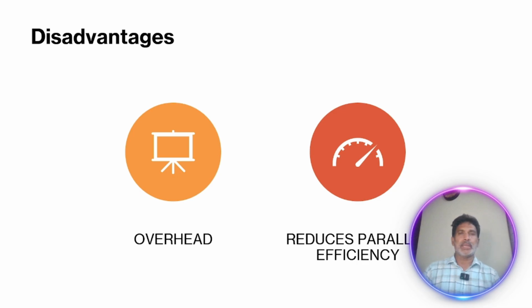Then contention and bottlenecks: when many threads try to access the same synchronized sections, that creates contention for the resources, and forms a bottleneck that slows down the entire system. And complexity in design: overusing synchronization makes programs harder to design and debug, and more prone to issues like deadlocks and starvation.